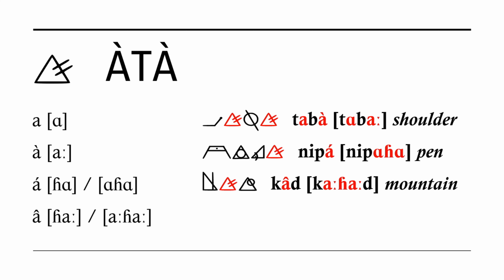On the right, there are examples of Kanurs words containing the letter in question, written in Esper, then the Latin alphabet for Kanurs pronunciation, and then their pronunciation written in the International Alphabet with their English translation. In this case, Taba, Nipaha, Kahat.